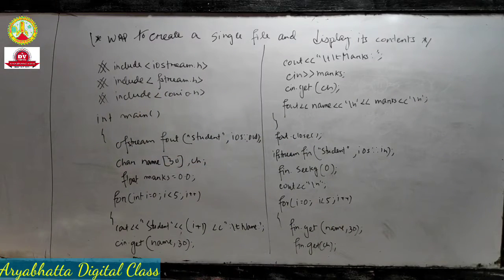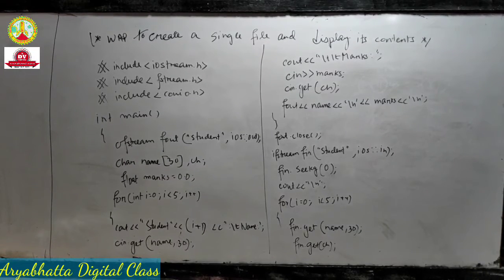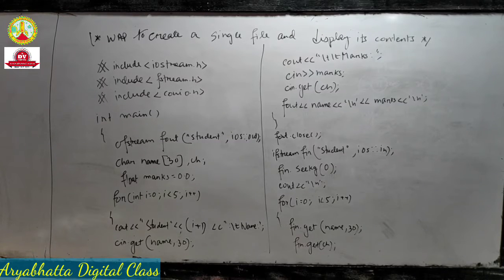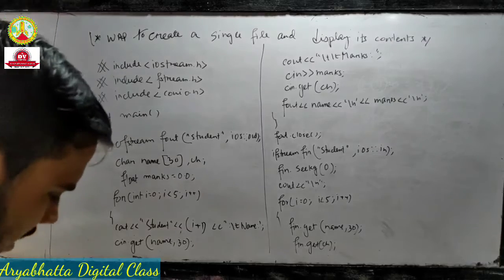First of all, you write down this. Some portion will be left. I write down after that. You see. First of all, this I explain you. And what is this? Up to the main function, I hope you are clear. Ofstream fout. This is also that concept. Okay. Input will be provided at the time of runtime.